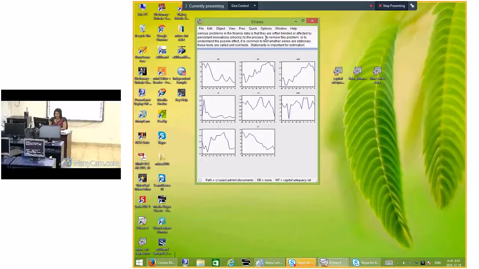Applying just OLS regression on non-stationary data can give misleading parameter estimates of the relationship between variables.